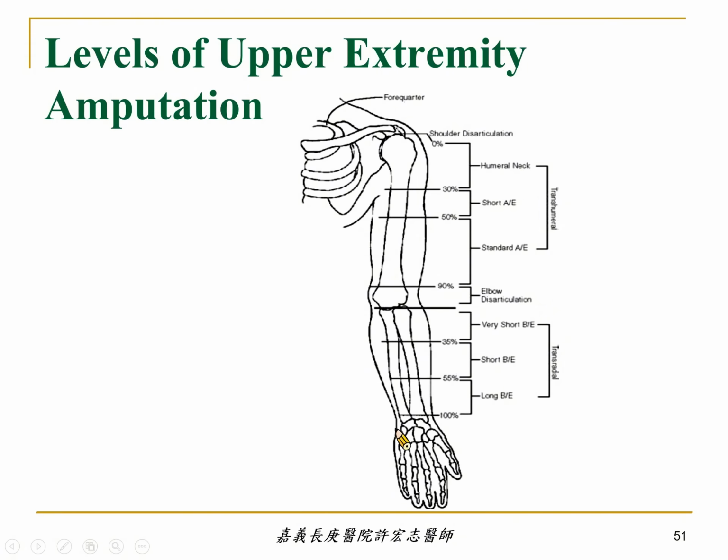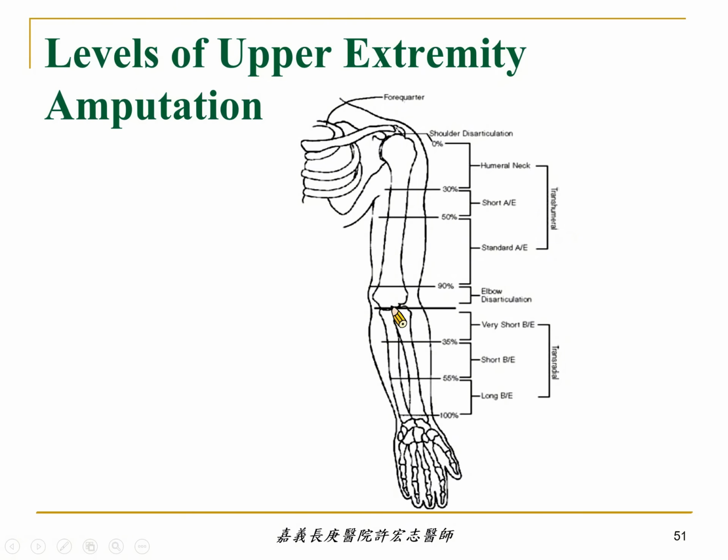As for the below elbow amputation, if you are keeping the remnant at more than 55%, we call that the long BE. And if you are keeping the remaining part of the forearm between 35 and 55%, we call that the short BE amputation.